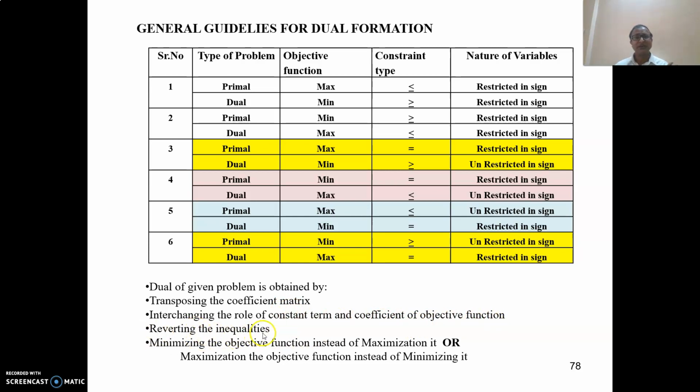Reverse the inequalities. Minimize the objective function instead of maximizing it, or maximize instead of minimizing, vice versa.